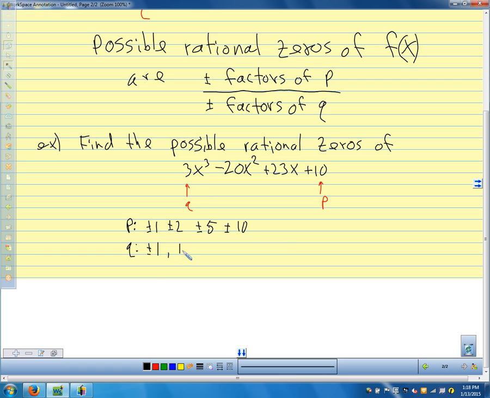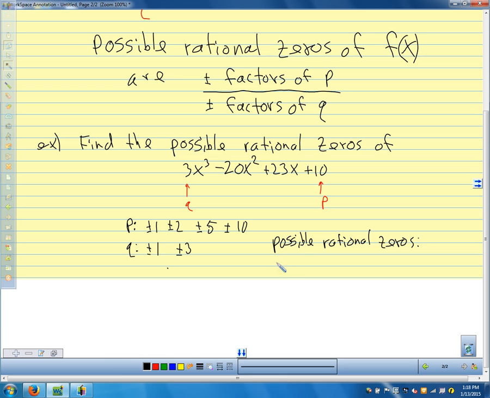Plus or minus 1, plus or minus 3. So the possible rational zeros, we just make a list of the numbers with p's in the numerator and q's in the denominator.